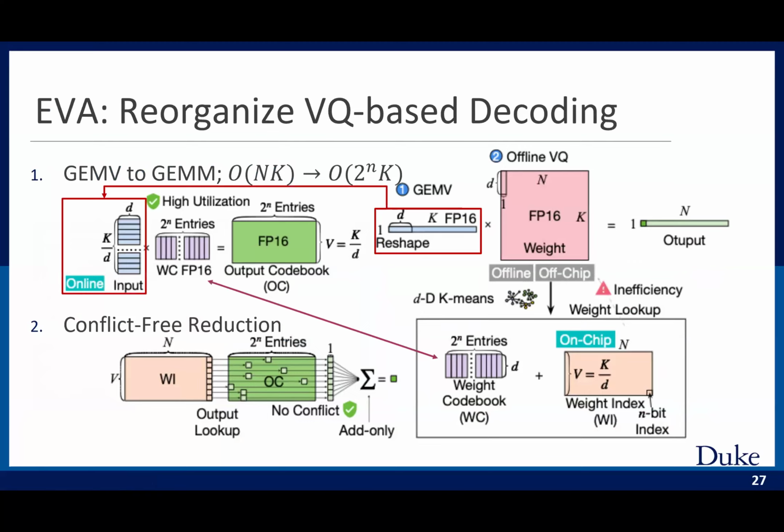So our idea is to change the order of the execution. If you do hardware design, this isn't quite a straightforward thought, but the idea here is to perform the weight lookup table first, and then simplify the remaining computations.